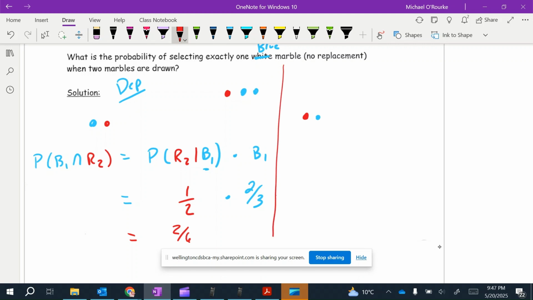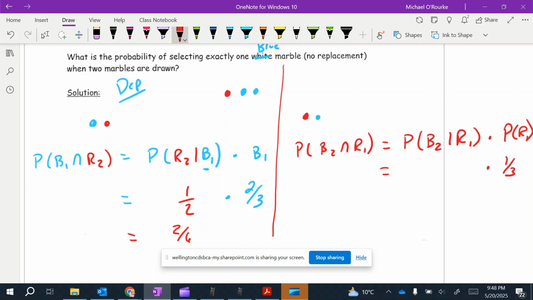Now if I want to go red 1, blue 2, that's going to be the probability of getting a blue second and a red first. I like to do my given first. It's going to be a blue the second time given I got a red the first time times the probability of getting a red the first time. So the probability of getting a red the first time is 1 out of 3.